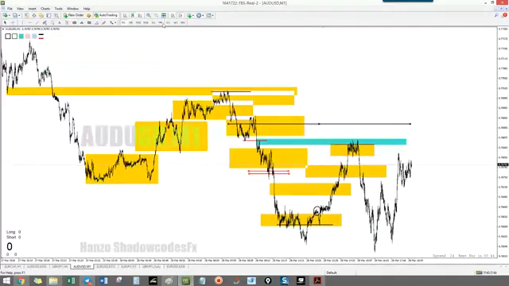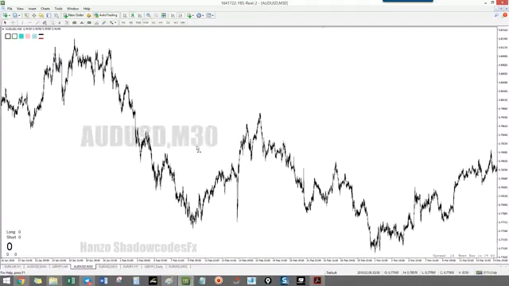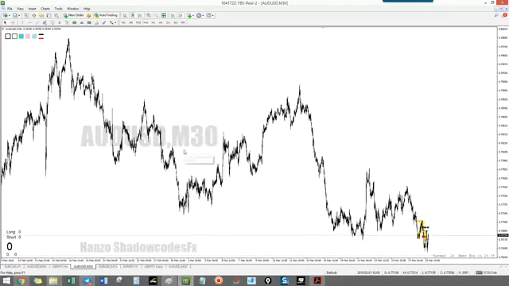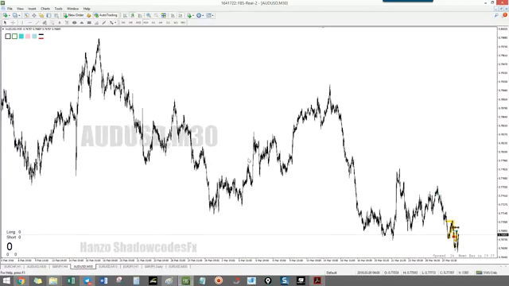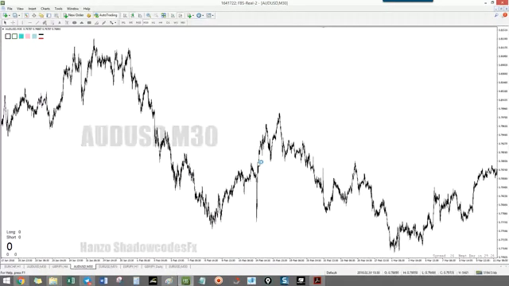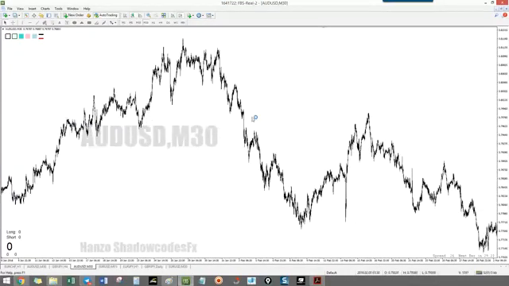Let me draw for you. This is an example, not a good one. I want to find a very good one for an example.